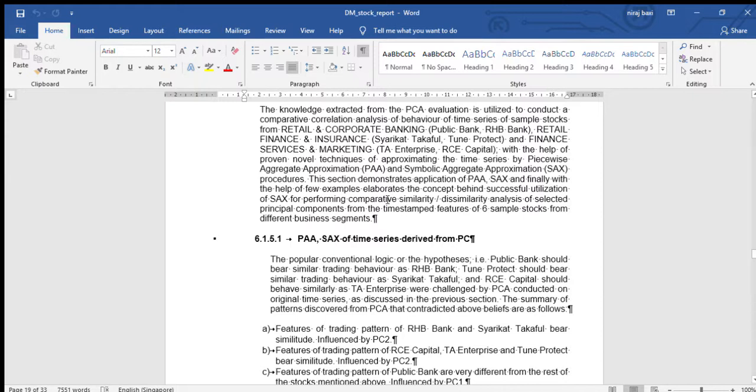So in this case, before you symbolically represent a time series, you try to decompose it by piecewise approximation. You break down the time series into small windows of time.